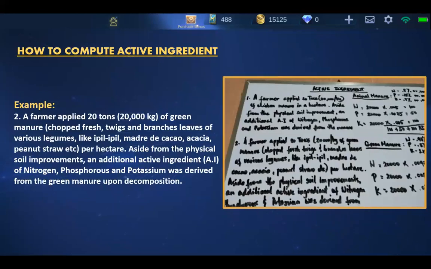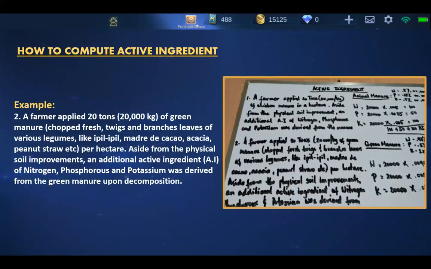20,000 times 0.0097, our answer is 194. Then 20,000 times 0.005, our answer is 100.